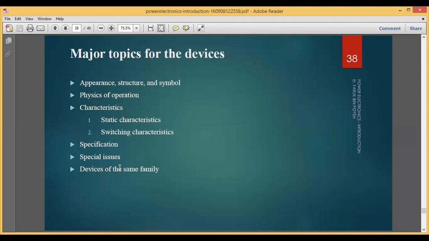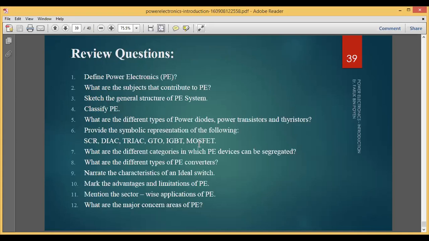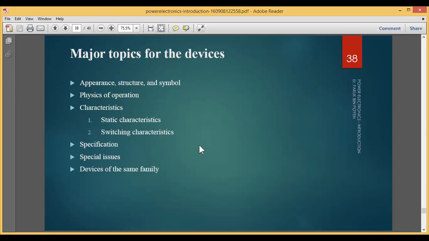Also whether the devices are from the transistor family, MOSFET family, FET family, JFET family, or diode family. So MOSFET family, IGBT family, a lot of device families are there with respect to semiconductors. These are some of the major devices where we can go for a better study of power electronic devices.